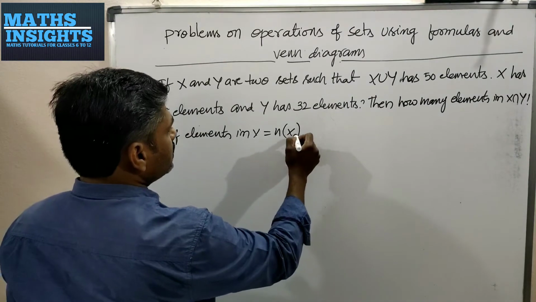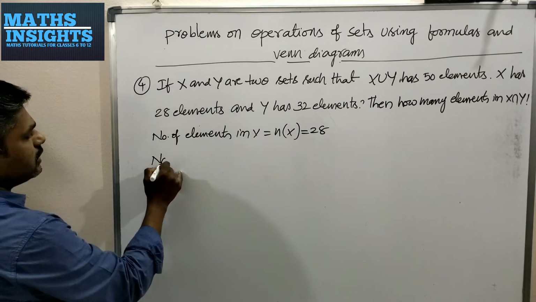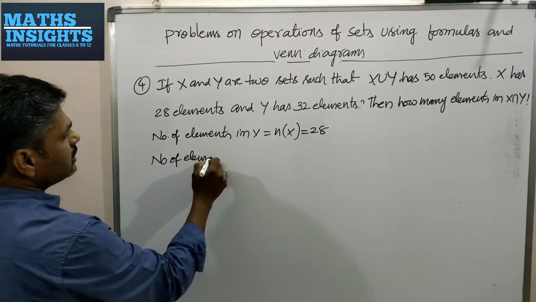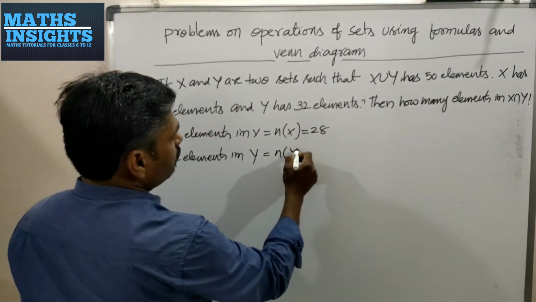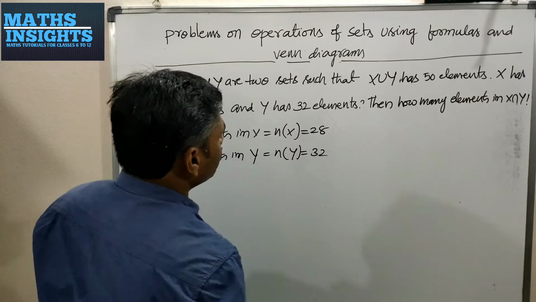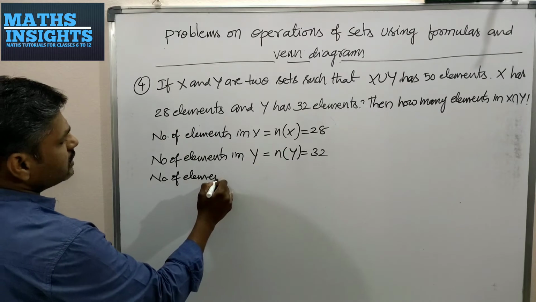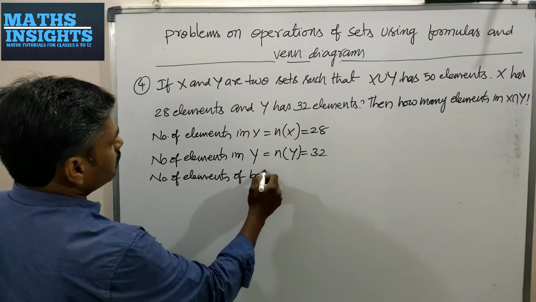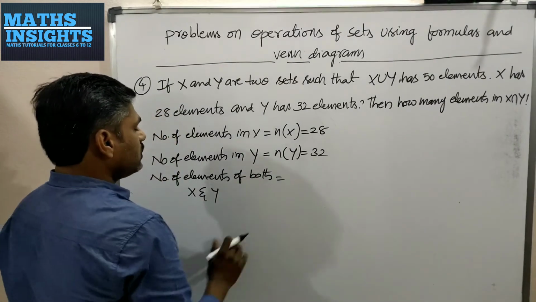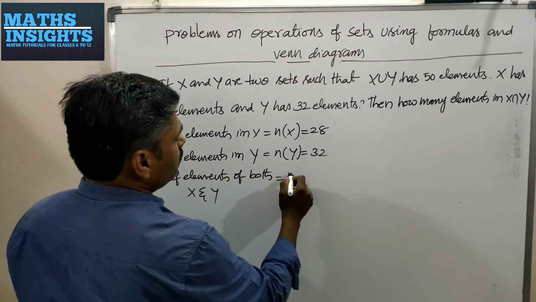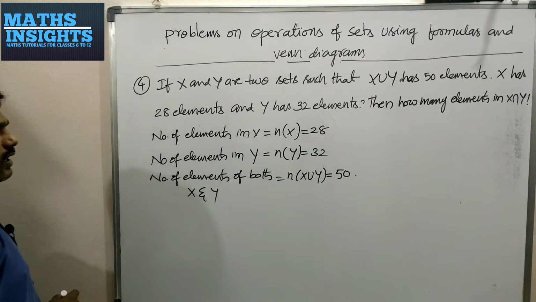You discussed this in the previous videos. n(X) is equal to 28 and the number of elements in the set Y, n(Y), is equal to 32, and n(X union Y) is equal to 50. Okay.